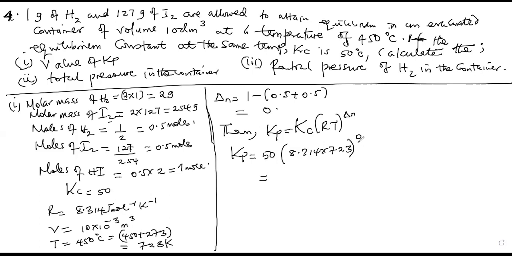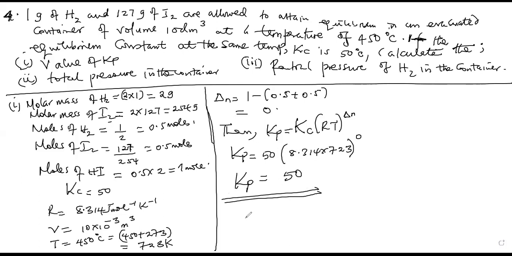So the whole of this, a number to the power 0 is 1, times 50, it gives 50. So the value of Kp is 50. Interesting. Don't assume that it is equal and not work it out, because by luck we have found it equal, but it does not guarantee that it must be equal. Okay.